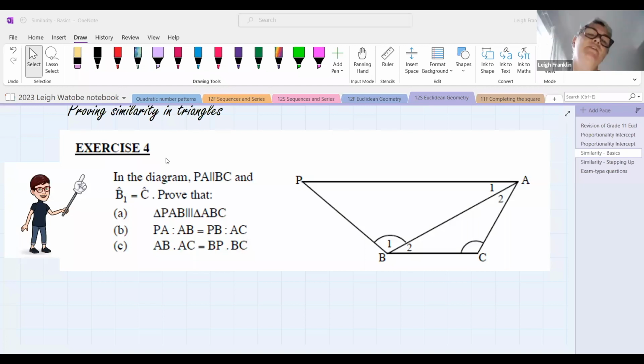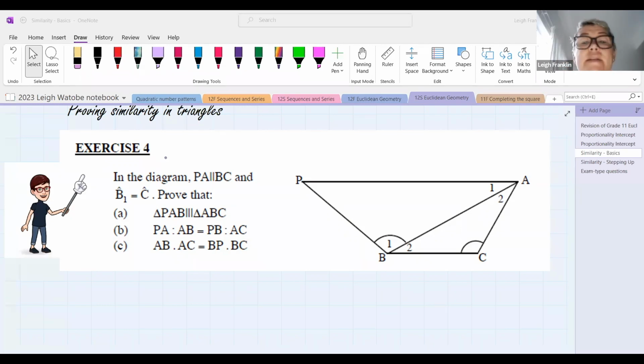That's what makes geometry a challenge, because it is a collection of knowledge from grade 8 through to grade 12 that we are now applying. So all the theorems that we've learned along the way are important.